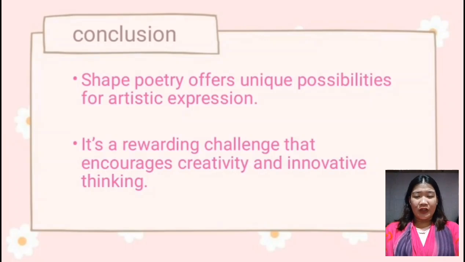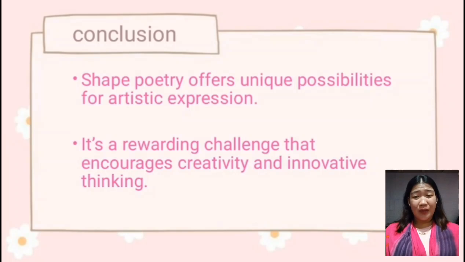Shape poetry offers something truly special, no, a unique blend of visual art and the written word. It's not just about expressing ideas through words, it's about expressing them through a visual design as well. So this opens up a whole new world of artistic possibilities. Think about it. You can use shape to emphasize the mood, theme, or even the rhythm of your poem.